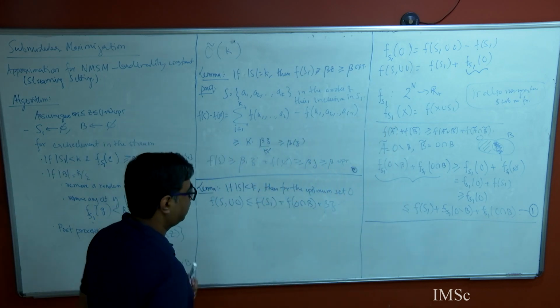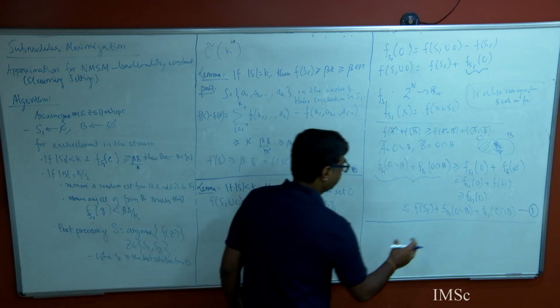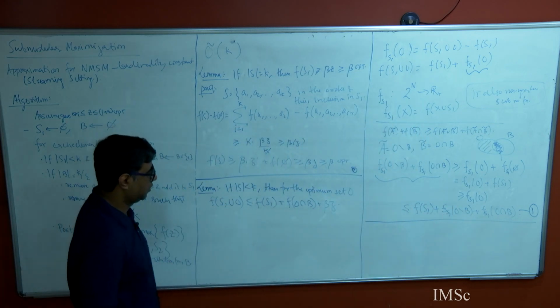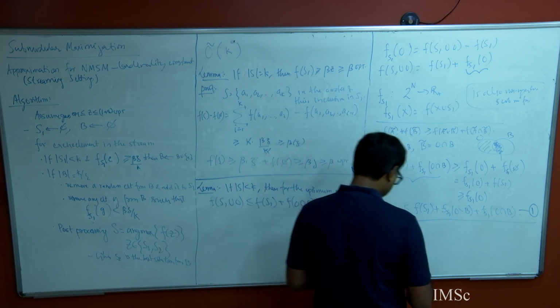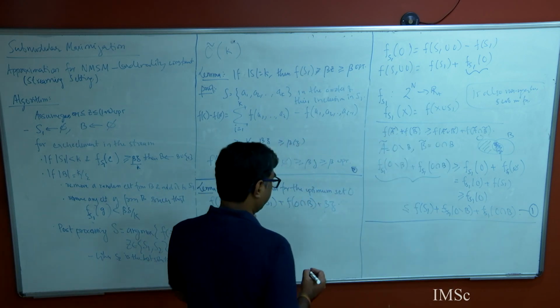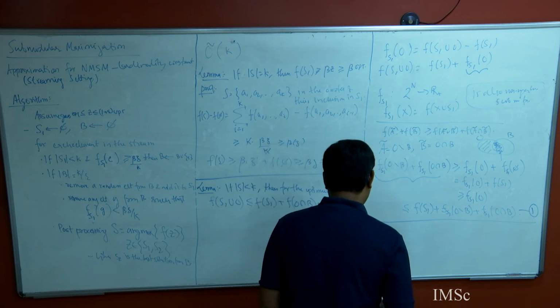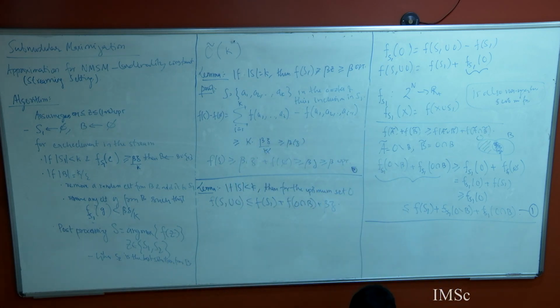Now let's first try to get an upper bound on this term. So now let's look at, for each element O in O minus B, I want to say something.